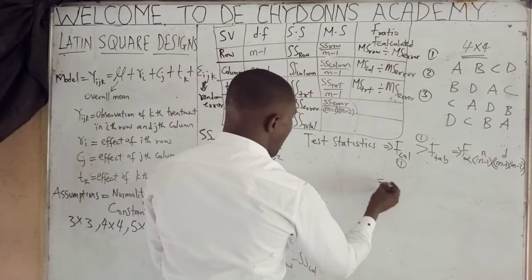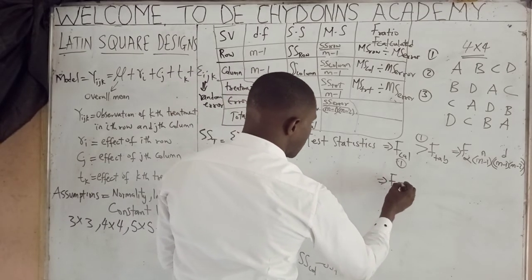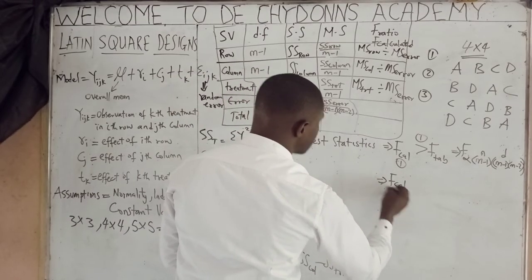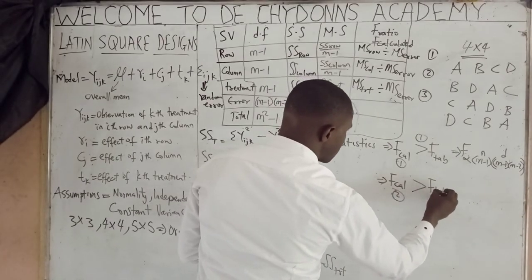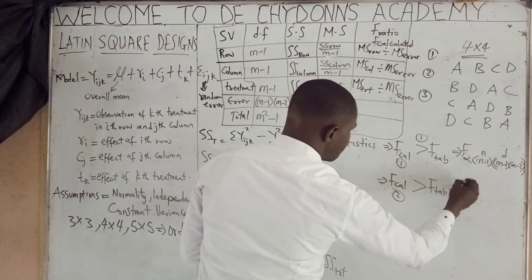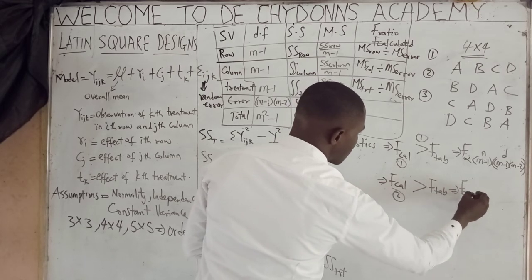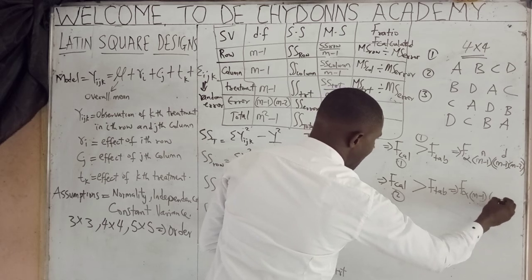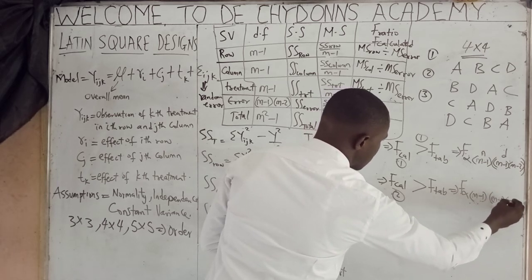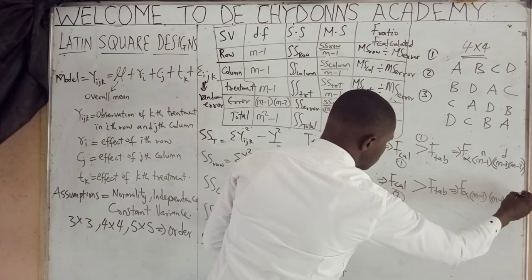Then the next one you will have is F calculated for the second one. Are you greater than F tab? Now what will be the F tab? F alpha M minus 1 bracket M minus 1 M minus 2.